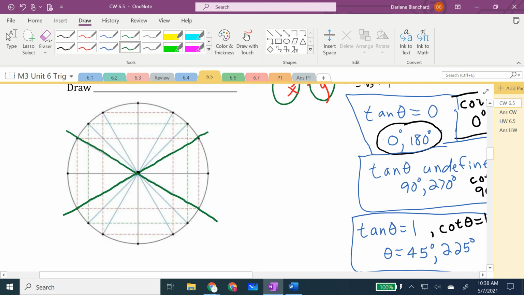So right now I'm drawing two lines. Both of them have the same steepness. Just one of them has a positive slope, one of them has a negative slope.